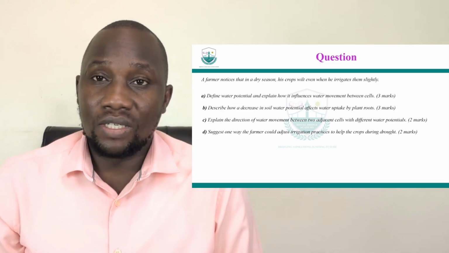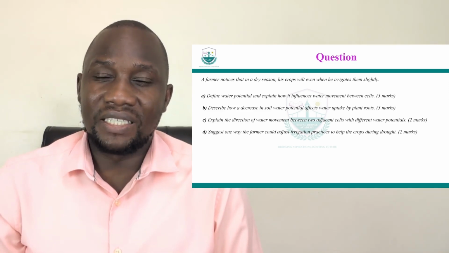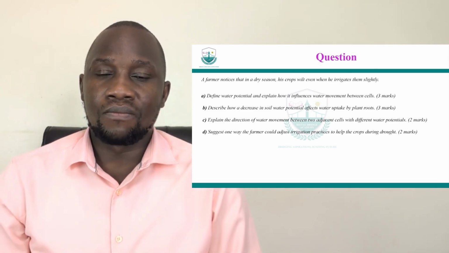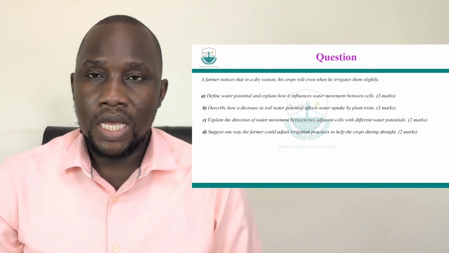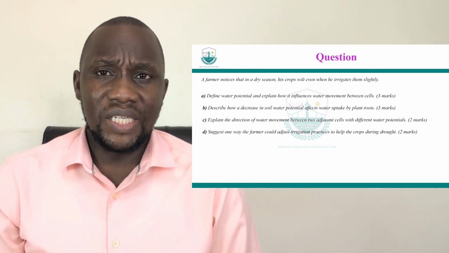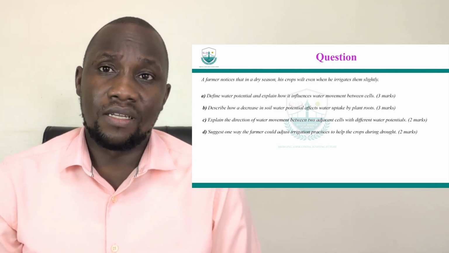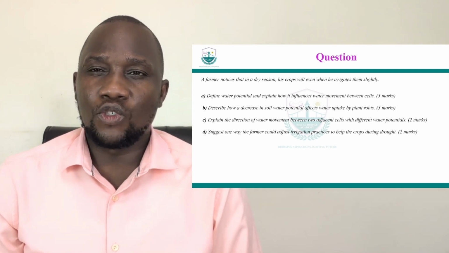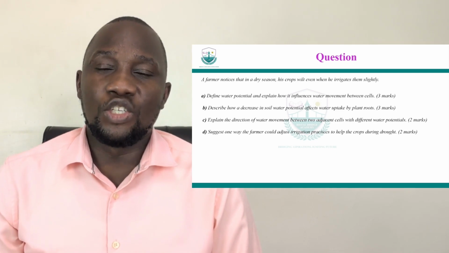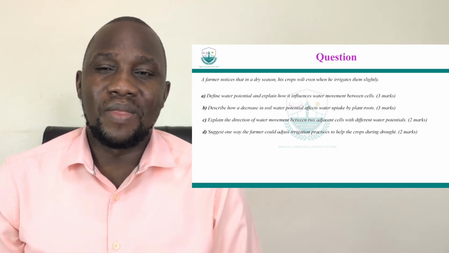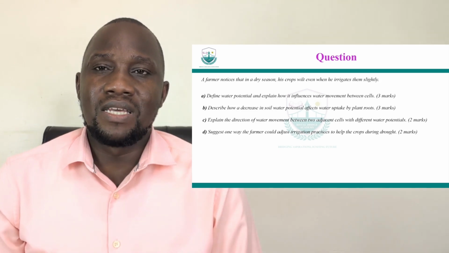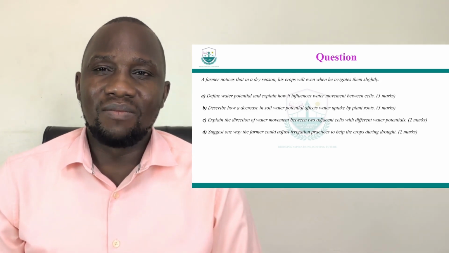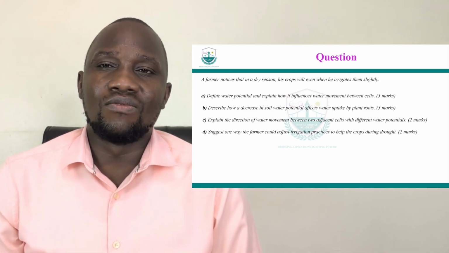Okay, and we have explained what happens to two adjacent cells having different water potentials. So that means that when irrigating, just know what kind of water you are using. If you have extremely salty water that you're using for irrigation, this water may not be available to the plants, because salty water means that you have a lot of salts, and that means that you have a negative water potential.